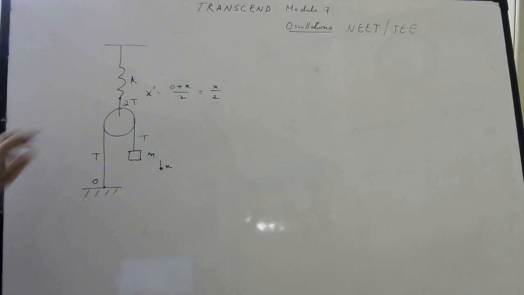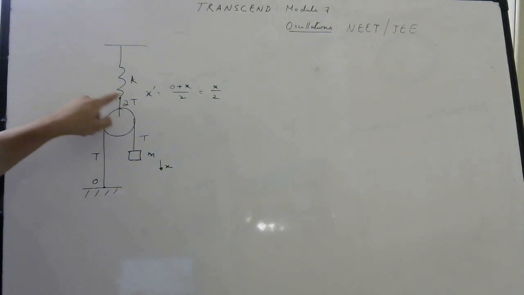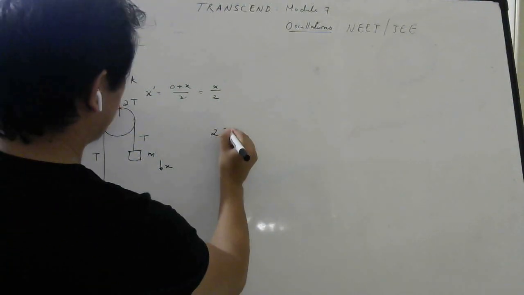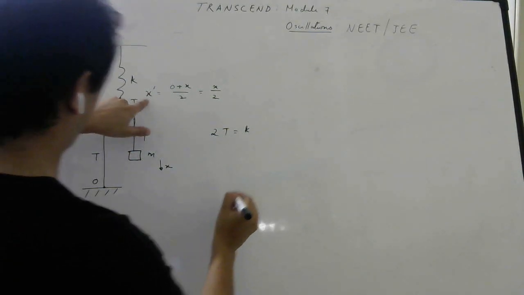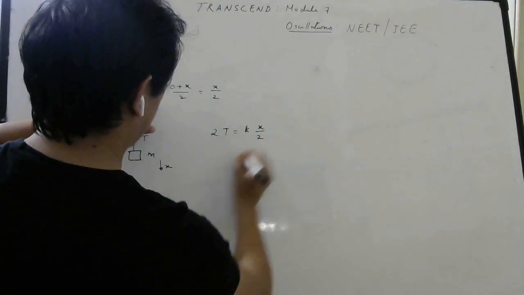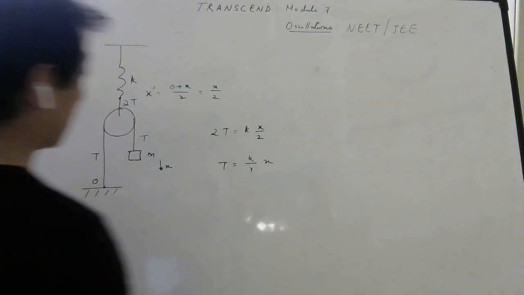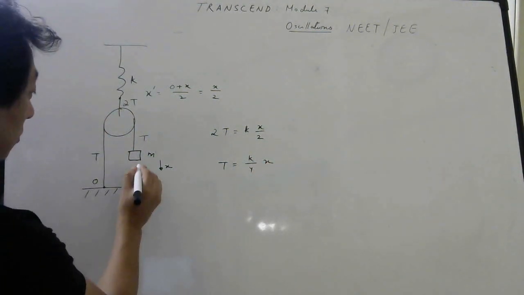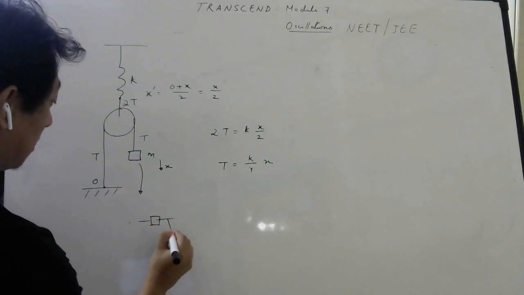So this 2T is what now? The 2T is the increase in the spring force here. So 2T must be equal to k times x dash. And what is x dash for the spring? x by 2. So T comes out to be k by 4 x.